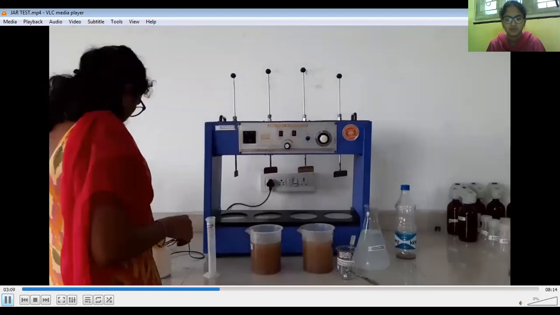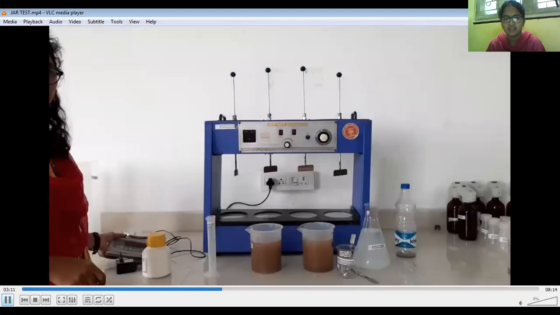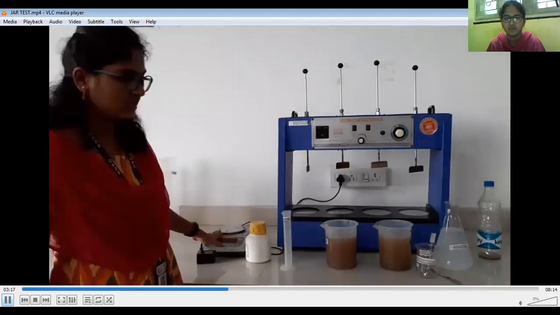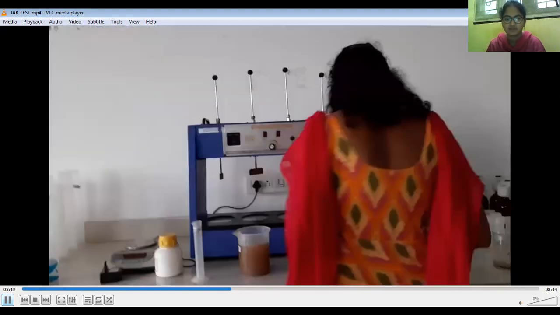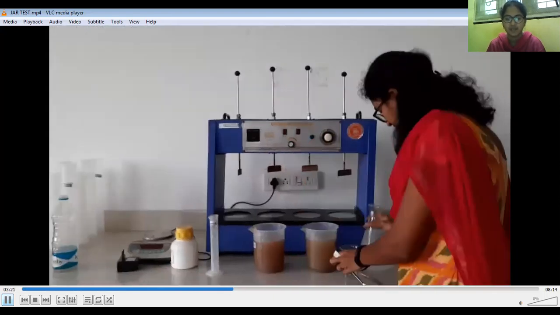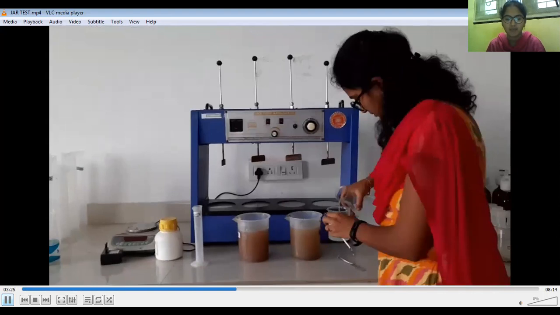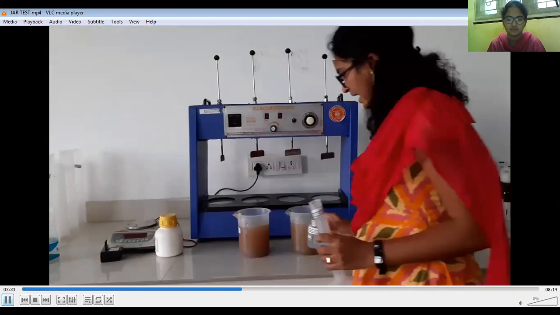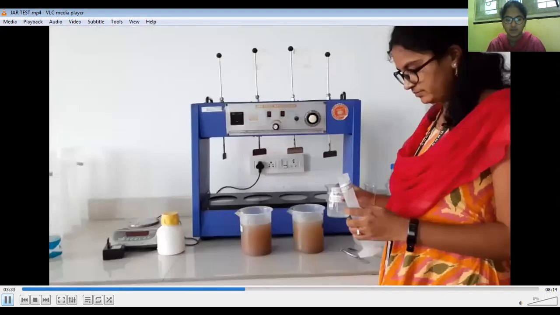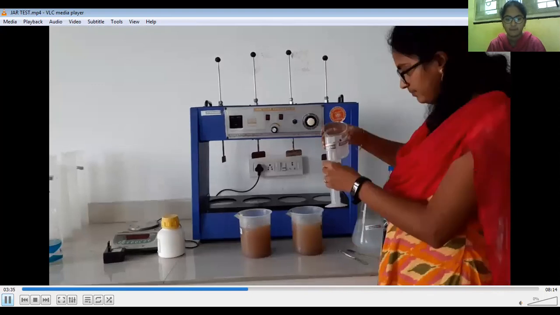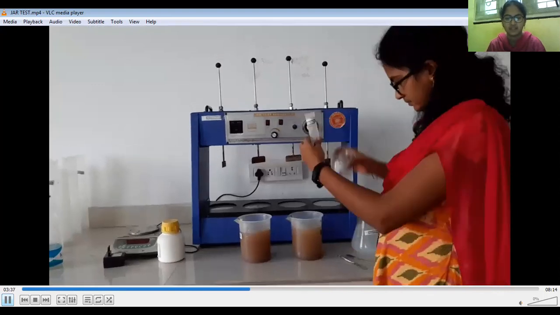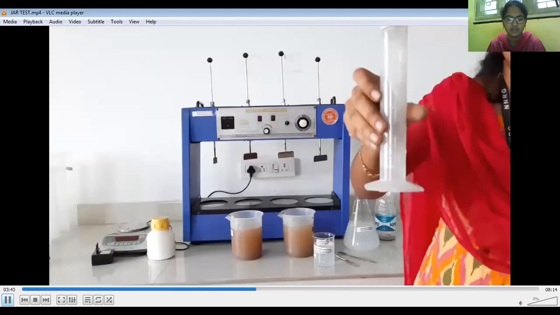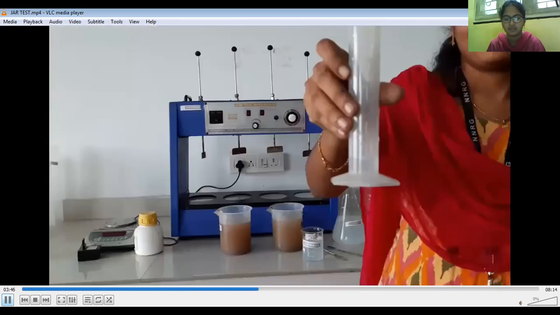Now we shall start by adding 5 ml. So in this experiment we require a weighing machine also. We shall start by adding 5 ml in the first beaker, then giving an increment of 5 ml in each subsequent beaker.